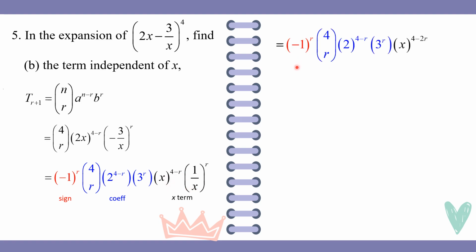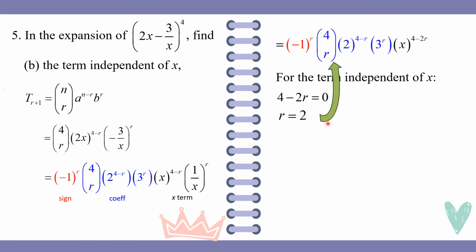So this is what we will have after we simplify a little bit further. For the term independent of x, this power here should be equal to 0. So 4 minus 2r equals 0, and that will give us 2r equals 4, which will lead to r equals 2. Now we can substitute this r equals 2 value here.